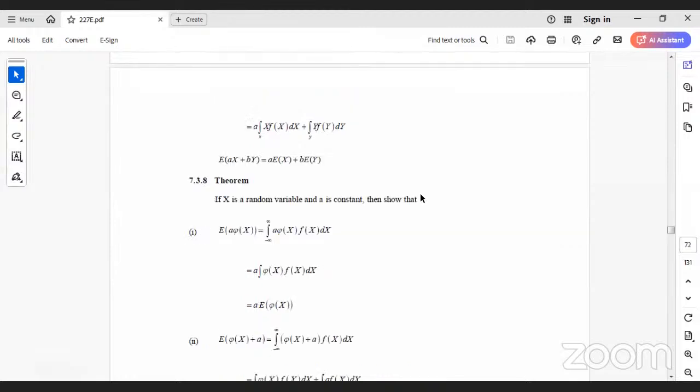Another theorem we can learn here: if X is a random variable and a is a constant, then show that E of a phi of X is the integration from minus infinity to infinity of a phi(x) f(x) dx.